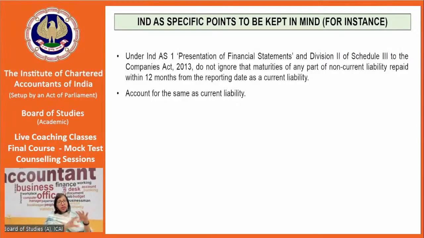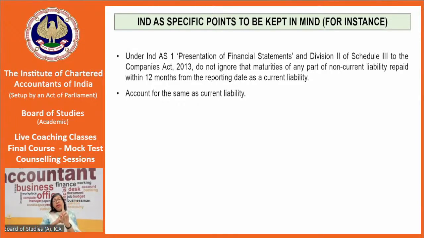But since the repayment is in annual installments, at the reporting date, the first installment which is due within 12 months is your current liability. As per the definition, anything which is to be received or repaid within 12 months from the reporting date is current.